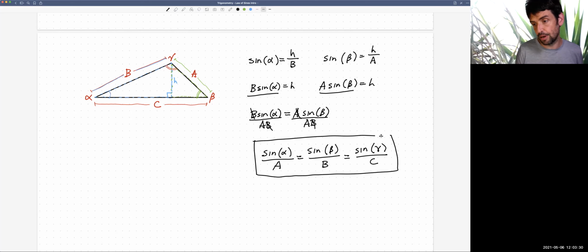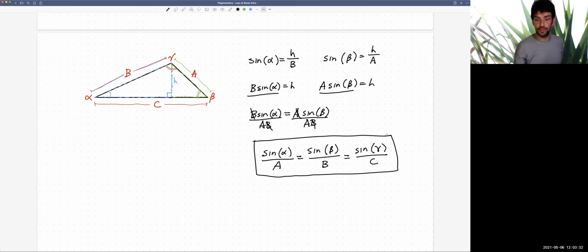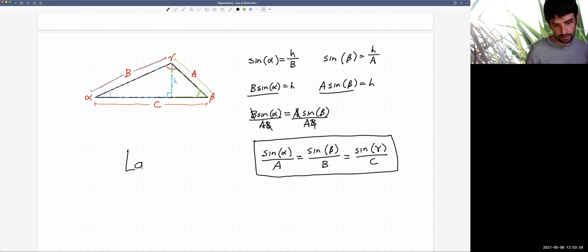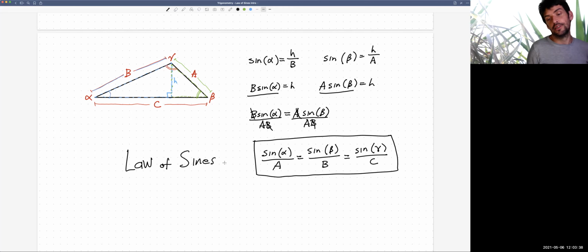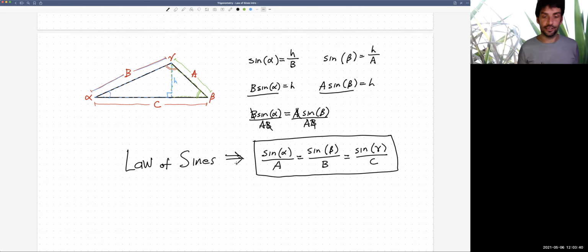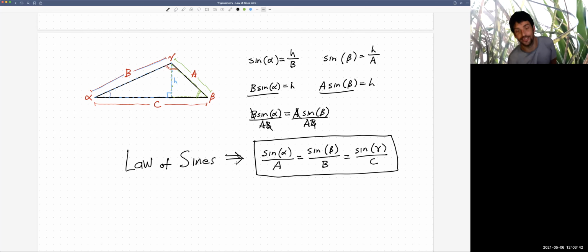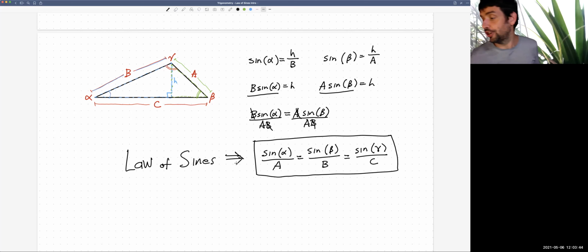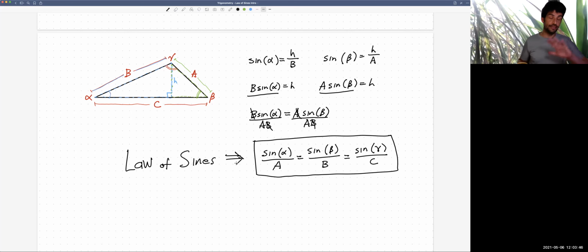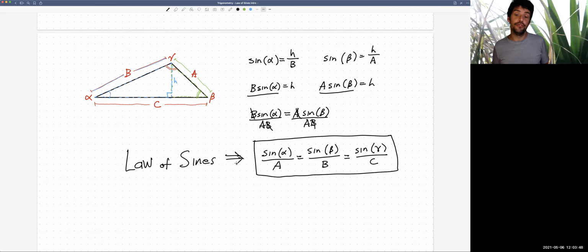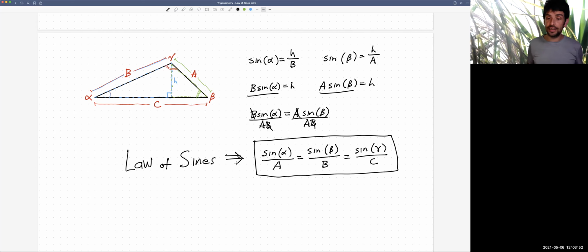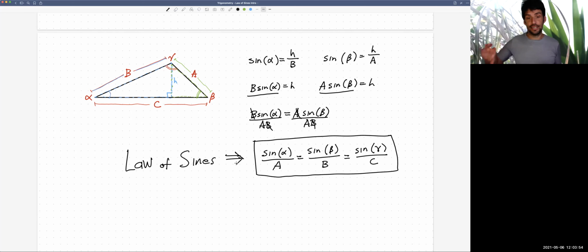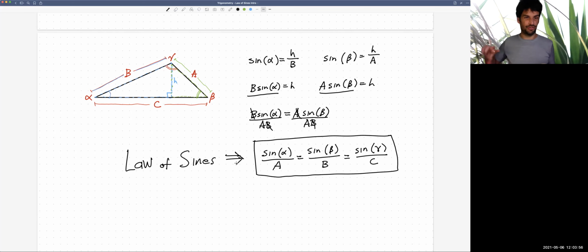And again, let's think about what it means. This is telling us that if you take the ratio, in case it's not clear, that arrow tells us where it is. Given any triangle, if you take the ratio of an angle and the side opposite of it, that ratio is constant for all the angles.